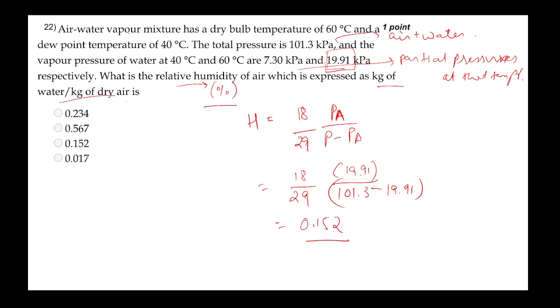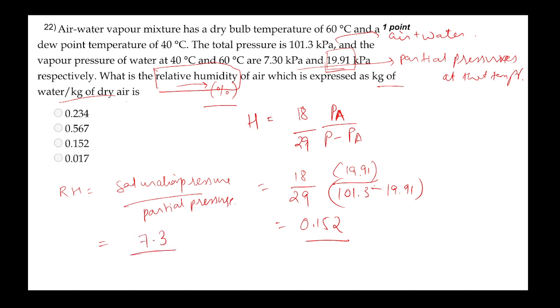0.152. Now if you want to find out relative humidity, in that case, relative humidity is nothing but the saturation pressure divided by partial pressure. So the saturation pressure will be 7.3 divided by 19.9, which is the partial pressure here.